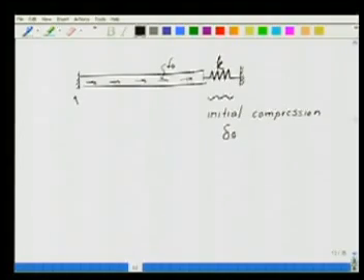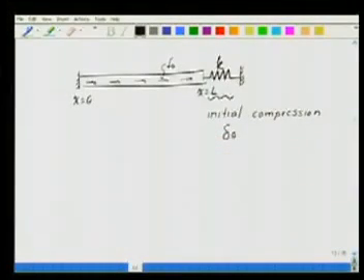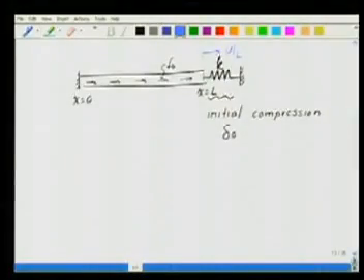So this is the point x equal to 0, this is the point x equal to L. If I give this initial compression delta 0, then due to the action of this force, this bar is going to elongate, that is, the end x equal to L will move by an amount u at L, which is unknown.